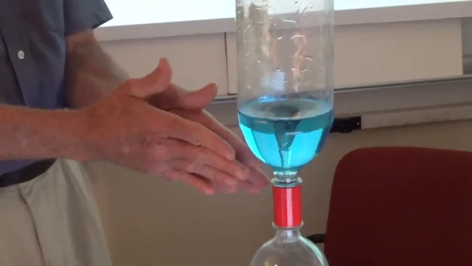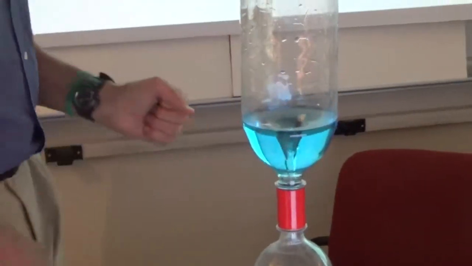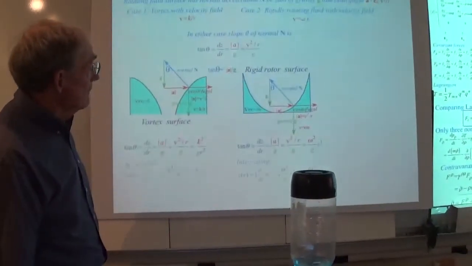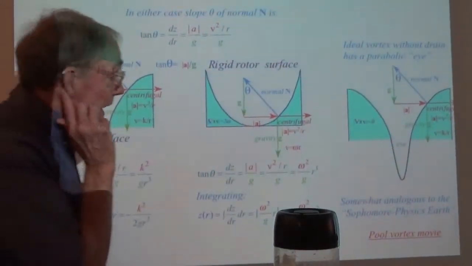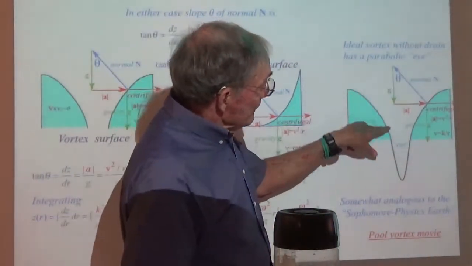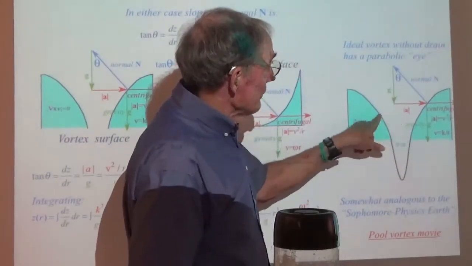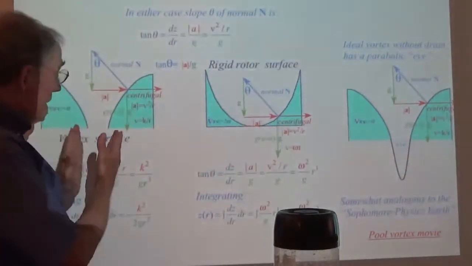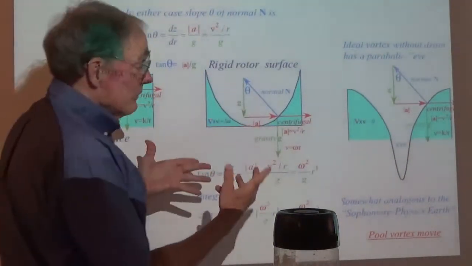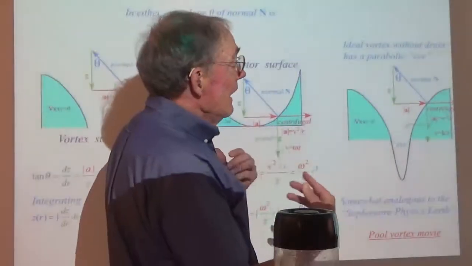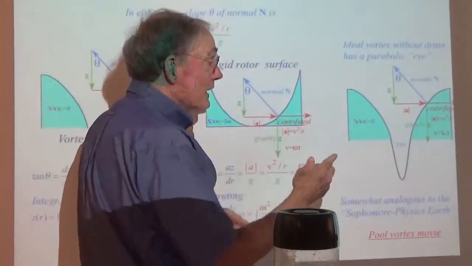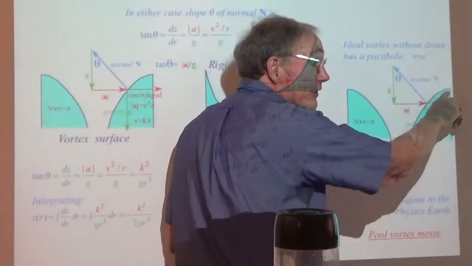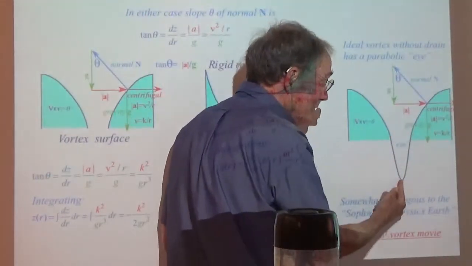Now, if I didn't have this thing going down the drain and just somehow got it to stop adiabatically so that it was still spinning, what you'll see, and most of you did this problem correctly, so I'm not going to do much more than point out that the parabola that hangs onto this 1 over r squared thing does so with the same geometry as the sophomore physics Earth, provided you let this describe the force and this the potential, right?